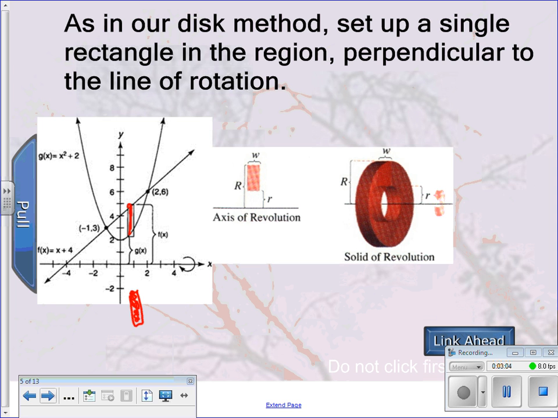So if we take a look at it sideways, what do we have? We have a washer, which is a ring with depth. Instead of a disk, which is a circle with depth, we have a washer, which is a ring with depth. So our formula changes accordingly.